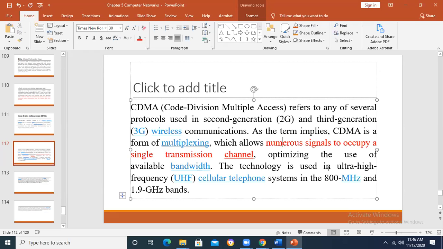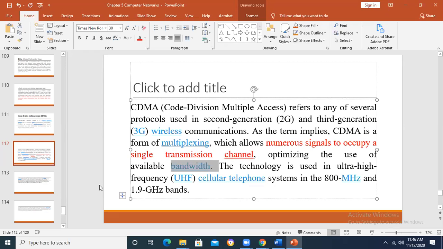Numerous signals can go through the single channel. Of course, this is a great deal, that multiple types of signals are going through a single channel, optimizing the use of the available bandwidth.